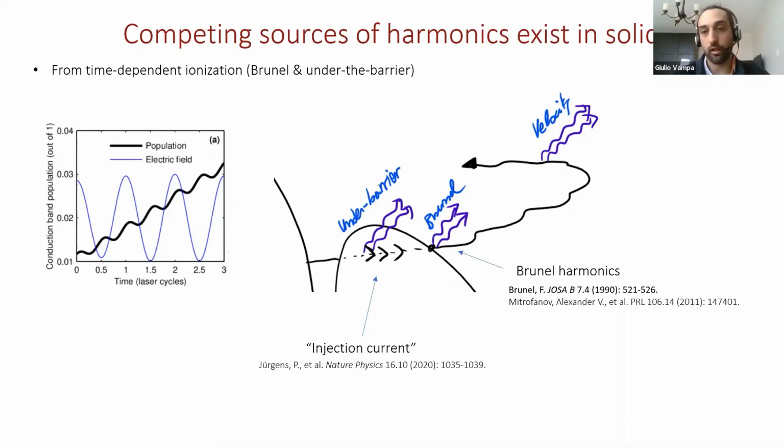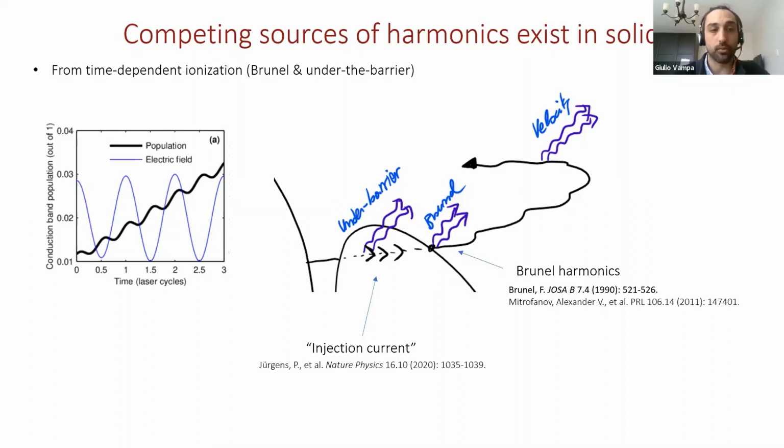These are called Brunel harmonics, from François Brunel. Back in the day, he predicted this at the NRC a long time ago, and these have also been somewhat observed in the group of Baltuška.